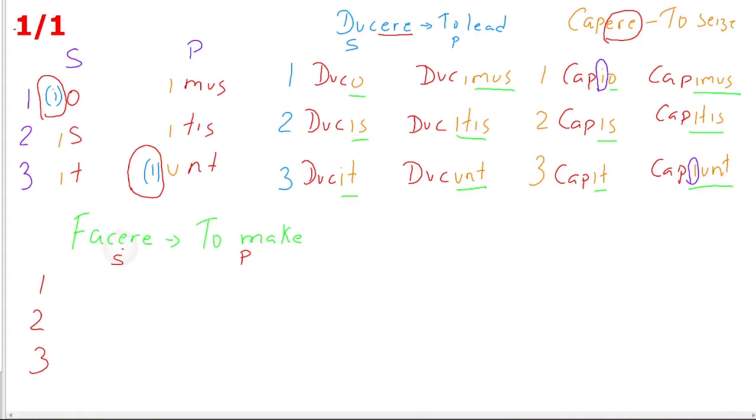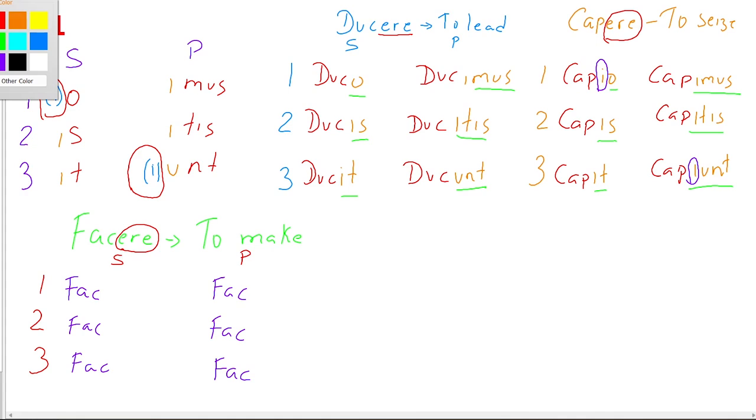So as we have done earlier, let's take out the ERE and let us put down what remains. And now let us substitute the endings.